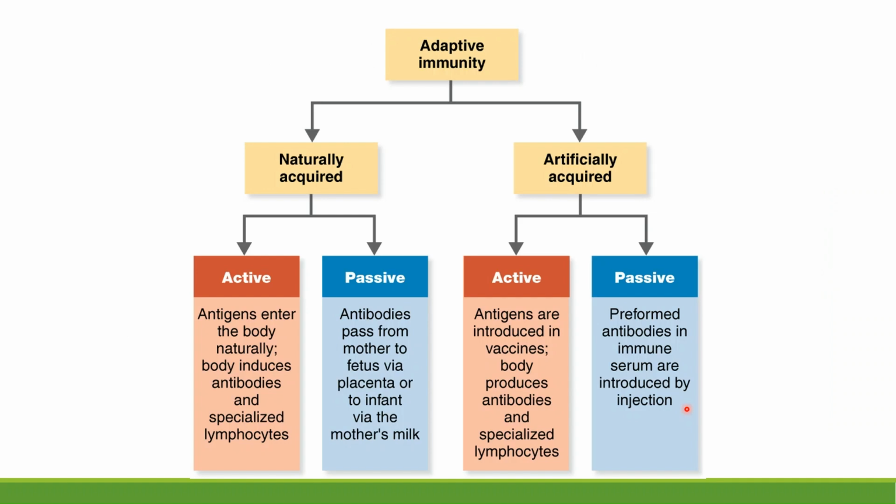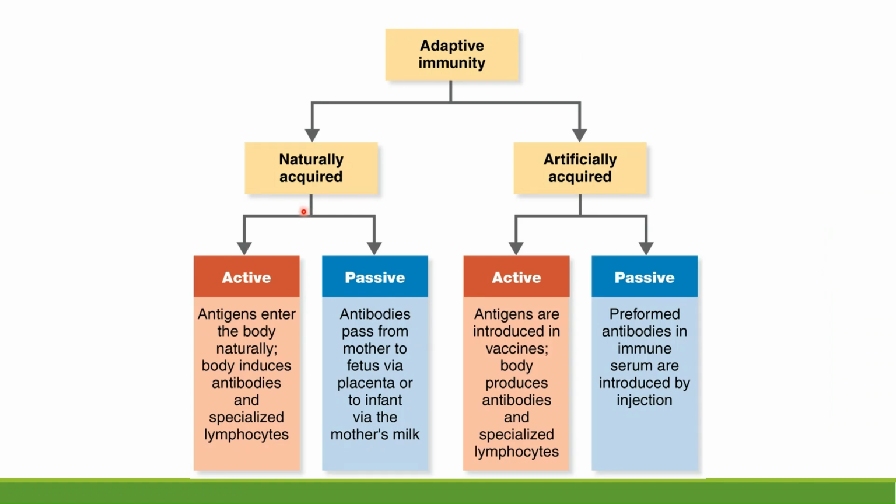Okay, let's take a step back now and look at our adaptive immunity and how it can be categorized conceptually. Adaptive immunity can be put into two categories. It can be described as being naturally acquired and artificially acquired. Naturally acquired adaptive immunity is the kind you get through some sort of incidental exposure to an antigen.